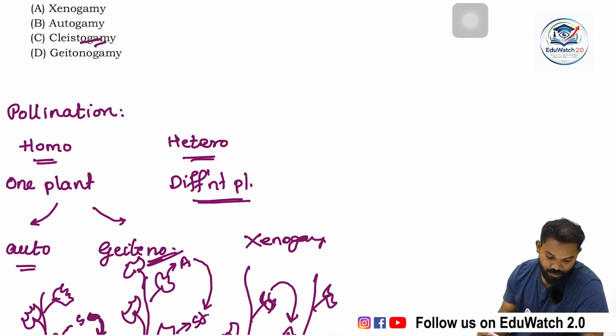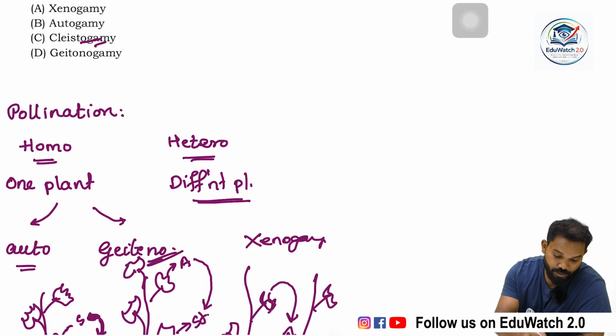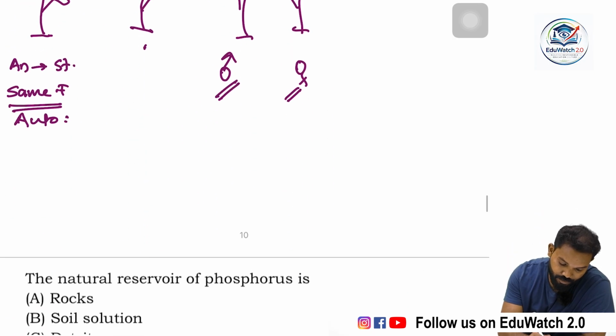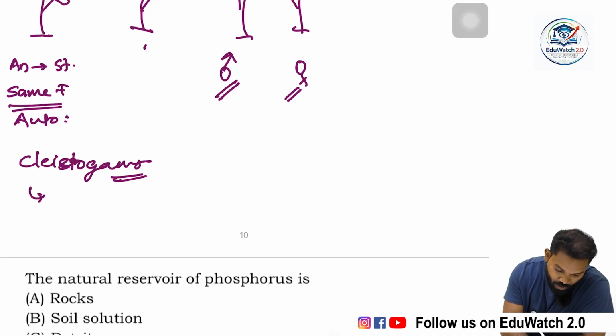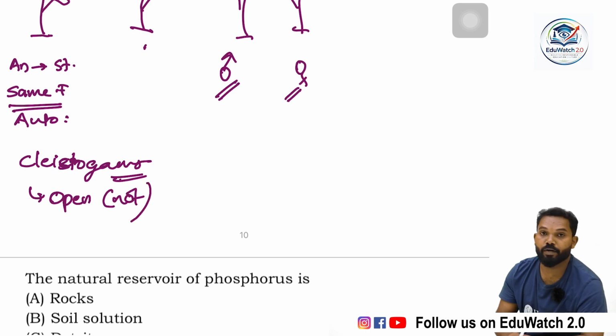Cleistogamy is a condition of the autogamy process. Cleistogamy takes place only in cleistogamous flowers. What is a cleistogamous flower? The flower does not open.